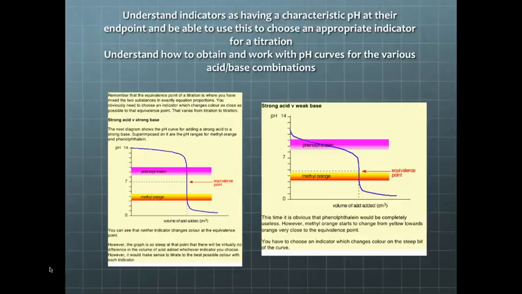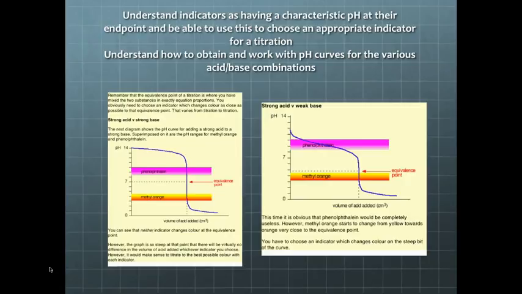The examples below look at a strong acid versus a strong base and a strong acid versus a weak base. The indicators discussed are phenolphthalein and methyl orange. Phenolphthalein goes from clear to a purple color. Methyl orange goes from yellow to orange.